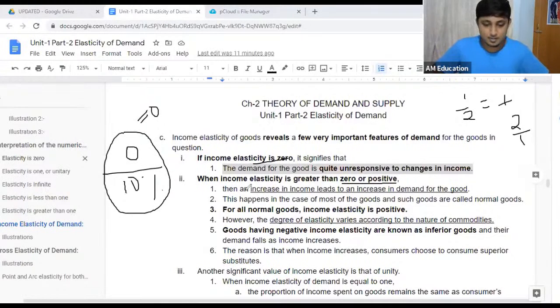See, when income elasticity is greater than zero and positive, then an increase in income leads to an increase in demand for the good. This happens in the case of most goods, and such goods are called normal goods. What are normal goods? For normal goods, income elasticity is positive.